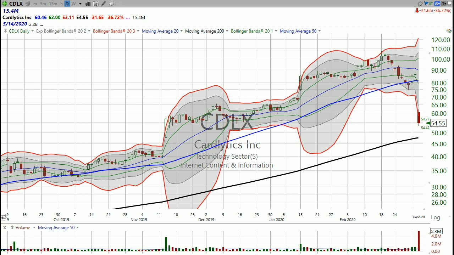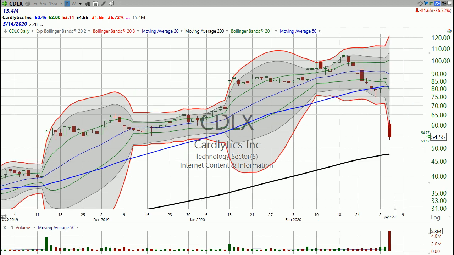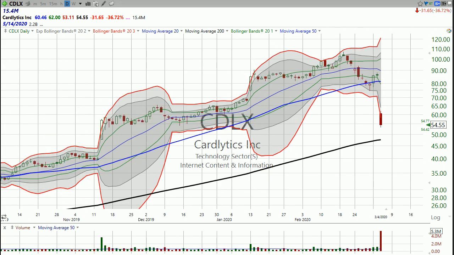So this is a stock that we could see go even lower, but if I were a betting man, and I'm not, I would bet that sometime over the next week, this stock is going to be above this 54.55 level. In other words, the big move outside 3 standard deviations at some point is going to snap back and come back into the fold.